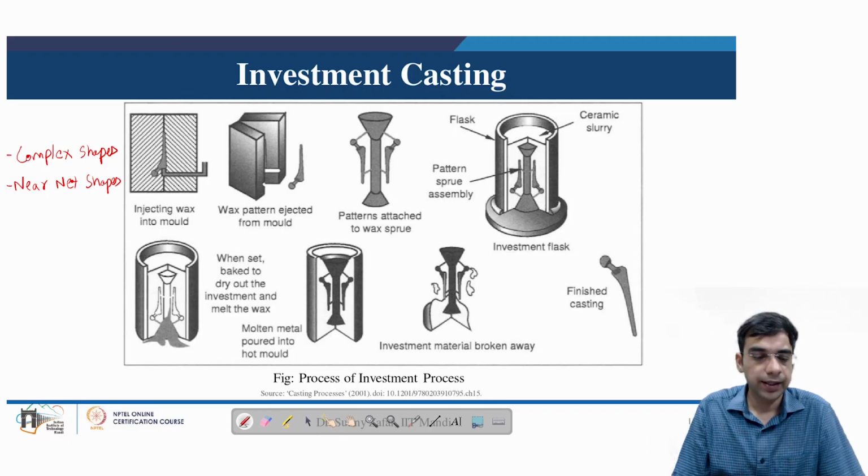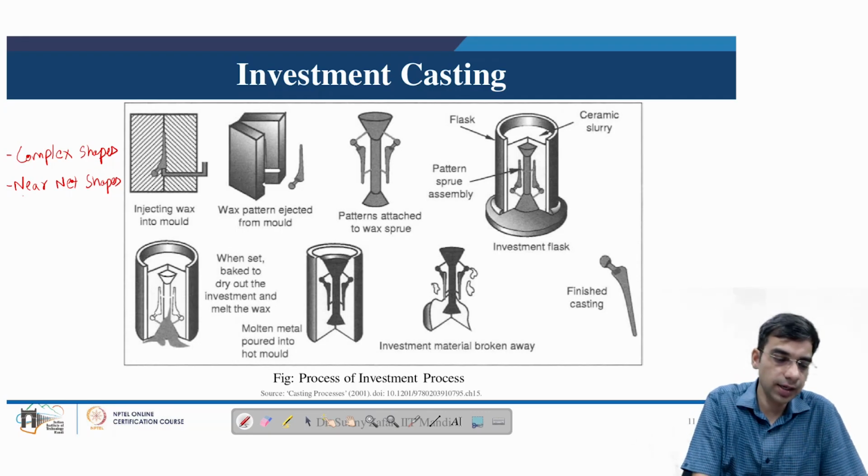So complex shapes, we have understood that gas turbine blades have an aerofoil structure which is quite complex, and near net shape indicates that whatever is the shape of the product, it is almost near to the final shape, so very little subsequent processing may be needed to change the shape. So that is meant by near net shape.